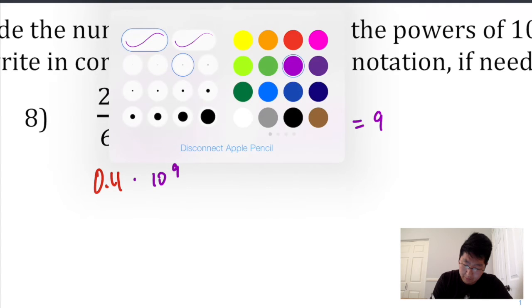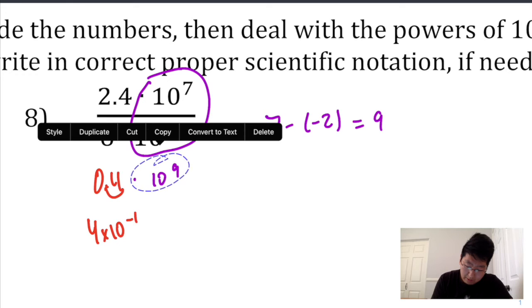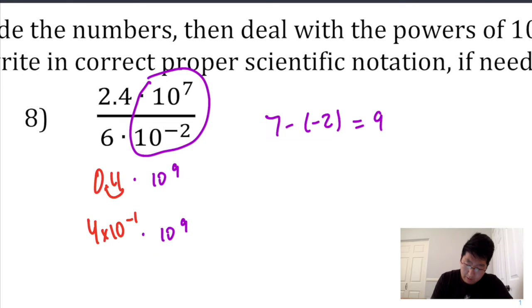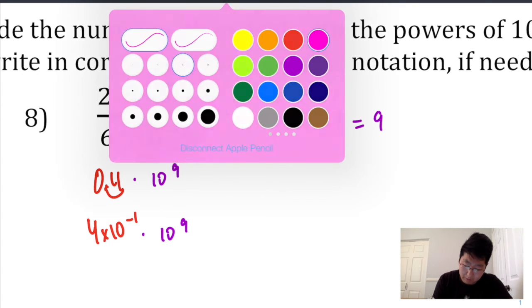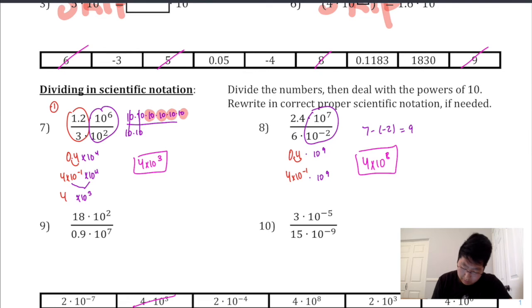Okay. And we need to take this, make it 4 times 10 to the negative 1, times 10 to the 9th. And if we combine those two together, we get 4 times 10 to the 8th power. There it is.